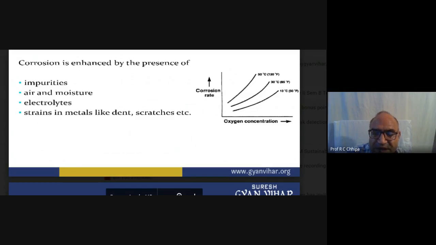We can compare a building in Delhi, which is inland, with another building in Mumbai or Calcutta. In the presence of more electrolytes, the building life is decreased because of corrosion. So electrolytes are also important in this particular case.